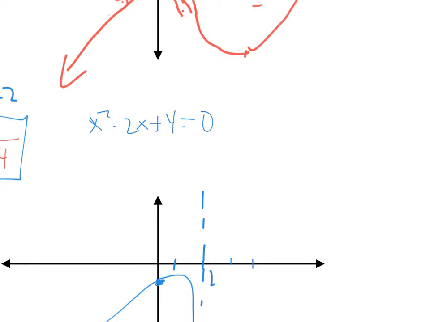You can't factor it, so we'd have to use the quadratic formula. x equals negative b plus or minus square root of b squared minus 4ac, and 4ac is going to give us 16, all over 2a, all right? Well, b squared minus 4ac right there gives us a negative number underneath, so that's an imaginary solution. So that means there's no zeros. Hey, that's good news. That's all we need to know.